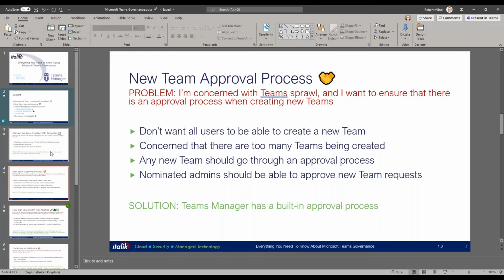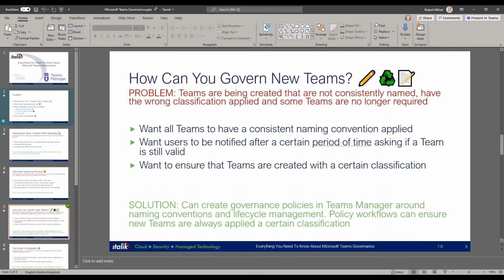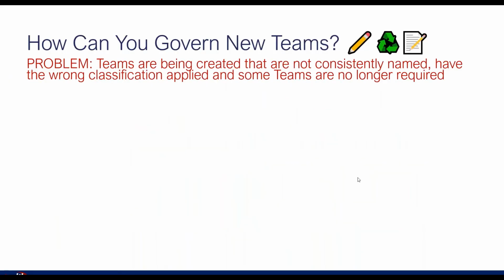So let's dive in to the next section, which is how can you govern teams? So how can you govern new teams? Teams that are being created, you may find, are not being consistently named or maybe have the wrong classification applied.